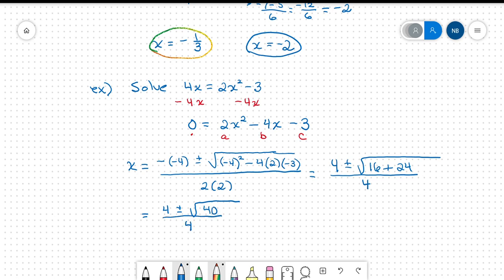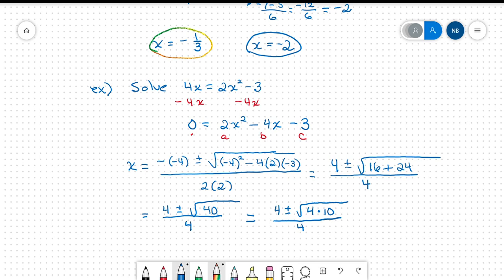Now these are the right answers, but there's some simplification that can be done, and you may or may not have any experience with this technique. 40 can be factored into 4 times 10. Of course, 40 can be factored into 8 times 5, 20 times 2.